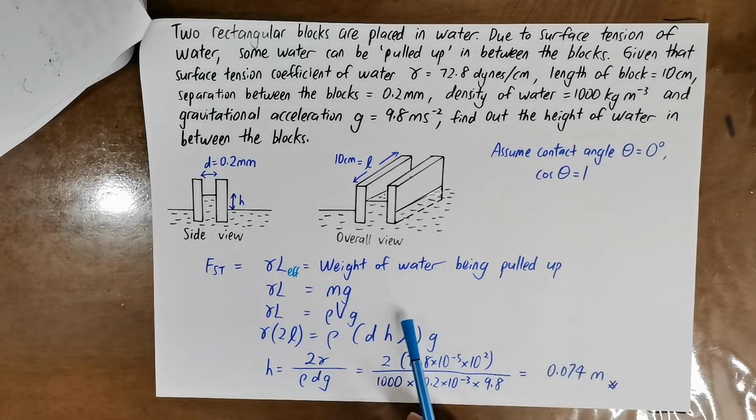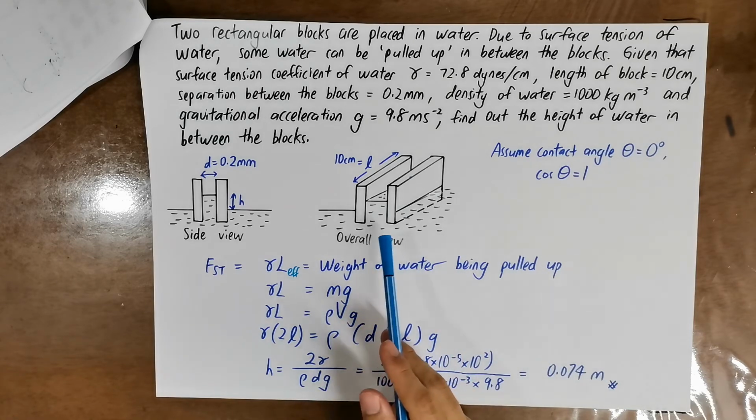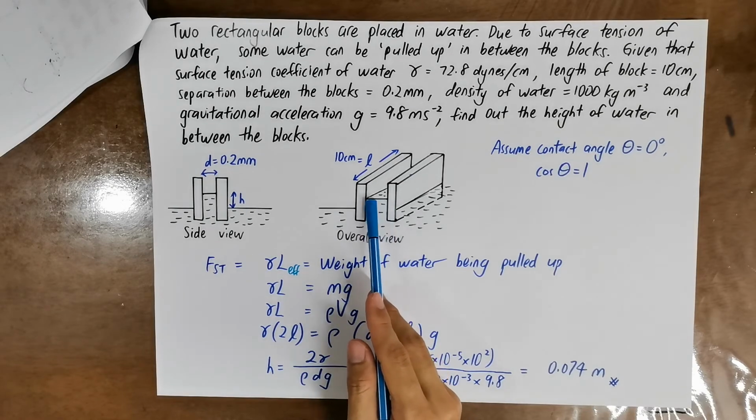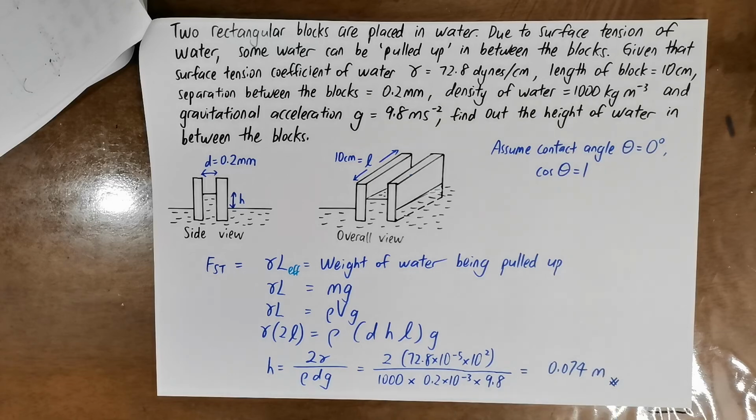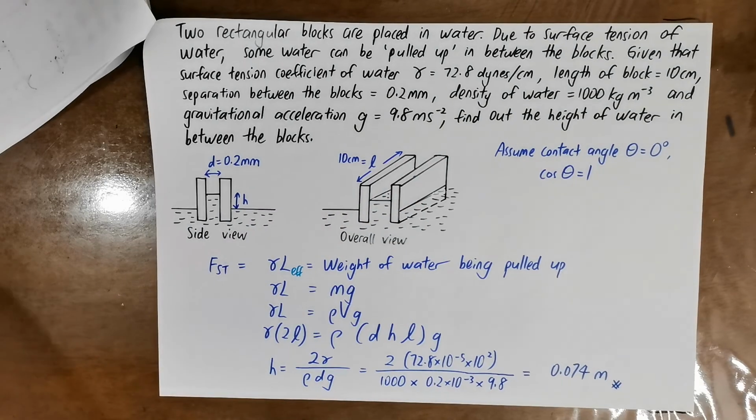Yeah, the weight of the water being pulled out is rho Vg, and then the volume is what? It is D times H times L, okay? So you can know the height of the water that can be raised in between the two parallel blocks, okay?